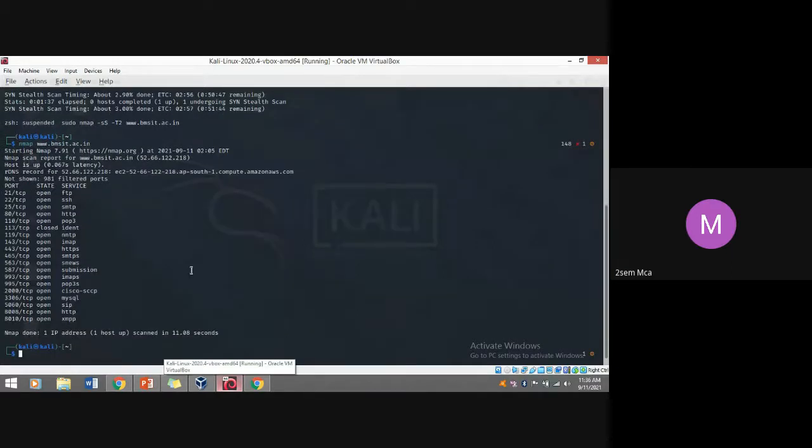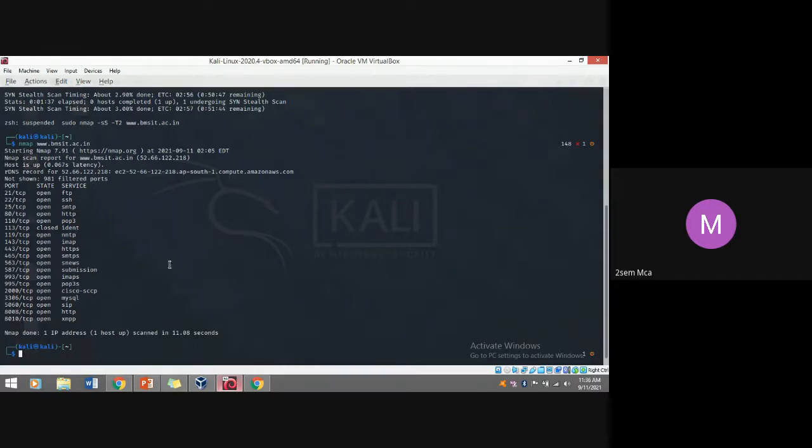Once it is ready, observe here how many ports are opened at different port numbers and protocol types. Most of the ports are opened except ident. For bmsit.ac.in, the ports are open around port number 21, TCP state open, and the service with that port number is FTP, right? Then TCP open HTTP, and so on. Got my point?